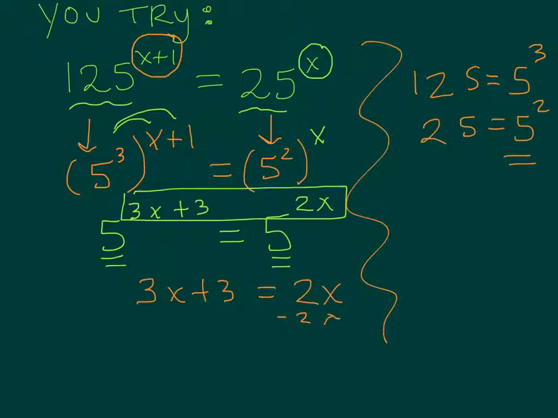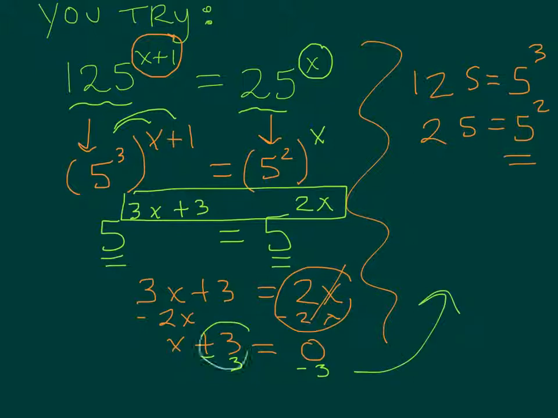Subtract 2x on both sides. I will have 0 on the right and x plus 3 on the left. Subtract 3, and we have x equals negative 3. Hopefully everyone got negative 3.